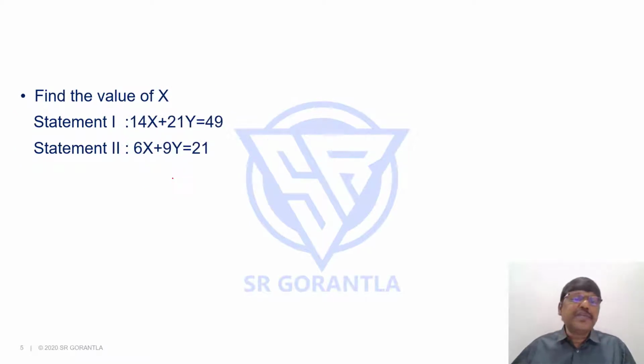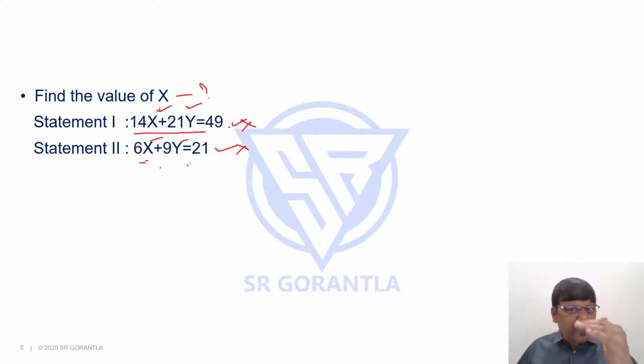This also I'm asking you, please find the value of x. Here also I'm giving statement 1, one equation, 14x plus 21y is 49. Statement 2, 6x plus 9y is 21. So what's your answer? Any one statement will do? No, for the same reason, because there are two unknowns, one equation is not sufficient. See, you have to follow a certain order.